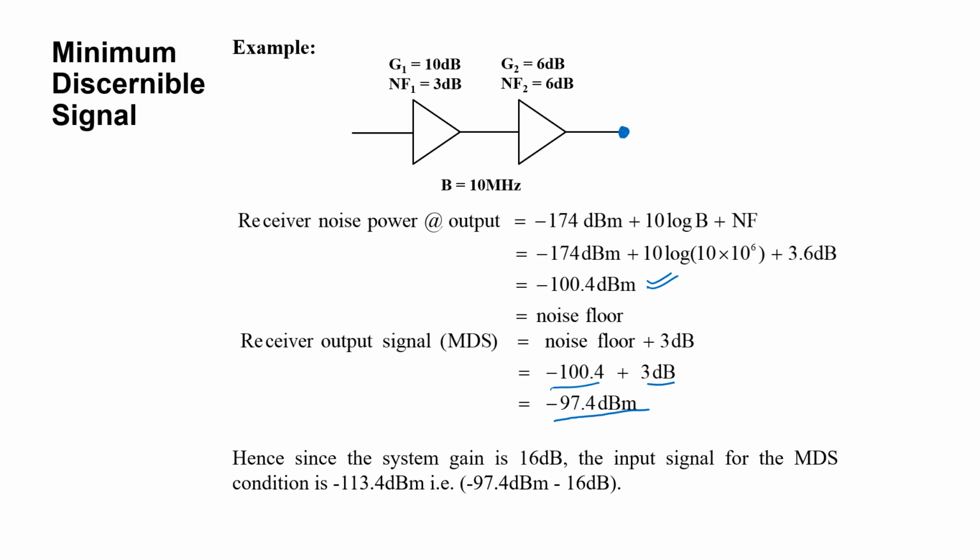Hence, since the system gain is 16 dB, the input signal for the MDS condition is -113.4 dBm. Given the noise figures and the gain of this system, if we get -97.4 dBm at the output, that's enough for us because this is 3 dB above our noise level. So our minimum discernible signal is this value.